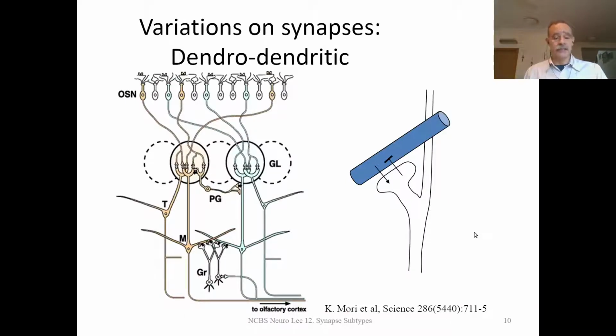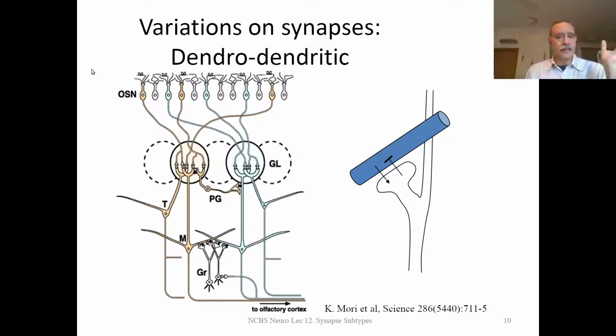Here's another kind of synapse. This is a dendrodendritic synapse. So you're used to thinking of synapses as between an axon on the presynaptic side and a dendrite on the postsynaptic side. Well, here both sides are dendrites. And this is actually quite common in the brain. It's really one of the predominant synapse types in the olfactory bulb, which is what I used to study in the olfactory pathway.